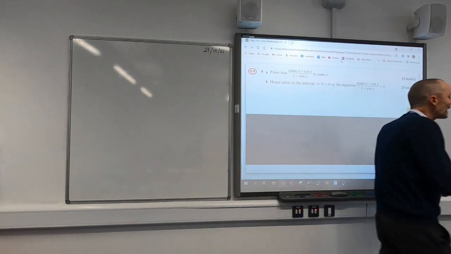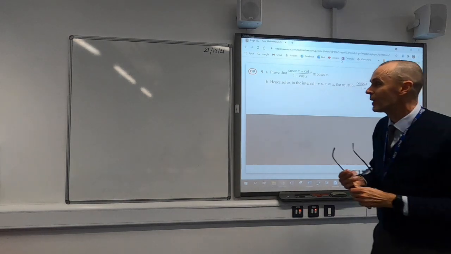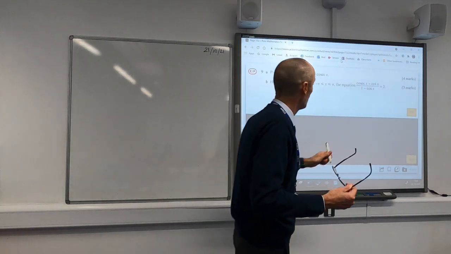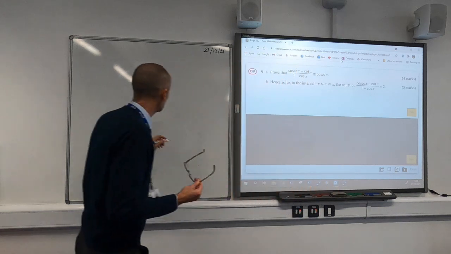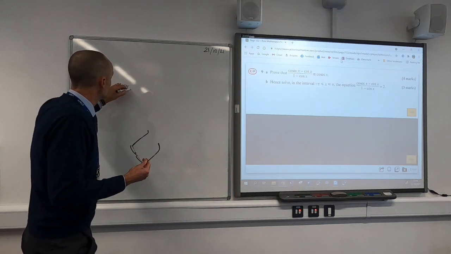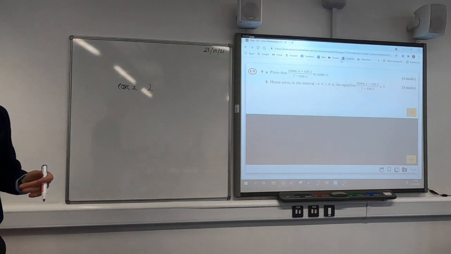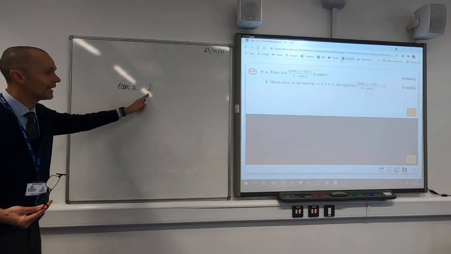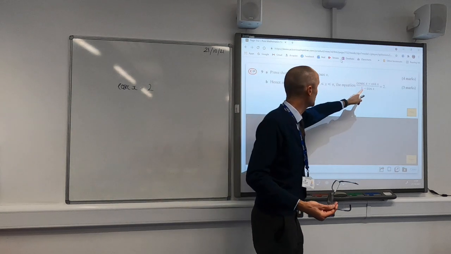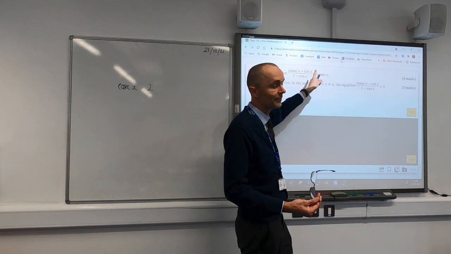So what they are begging us to do in part B is say, well actually, working out when that equals 2 is the same as saying when does cosec x equal 2, which is a much easier equation. The answer to this is the same as the answer to this because I've just proved the two are the same thing.